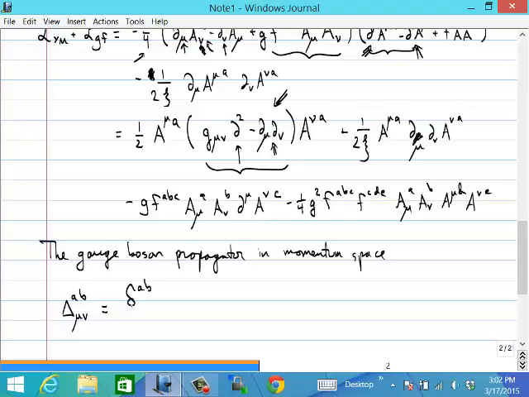And then it'll take exactly the same form as the propagator of a U(1) gauge boson. So all I've done here is rewrite this term right here. And then we have the contribution from the gauge fixing term.